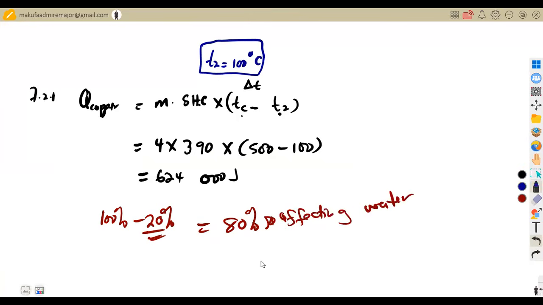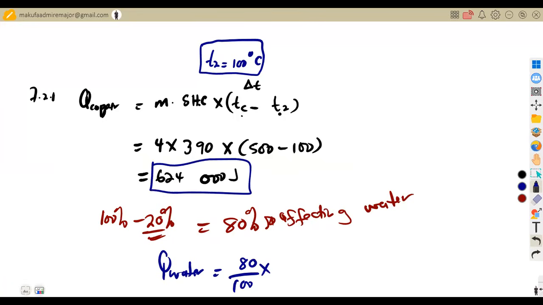So meaning to say the heat that is going to be transferred to water in this case is going to be the 80%, which is 80 over 100 times the total heat that the copper rod was having, which is 624,000 joules or 624 kilojoules. Like I said, this is the same as 624 kilojoules.